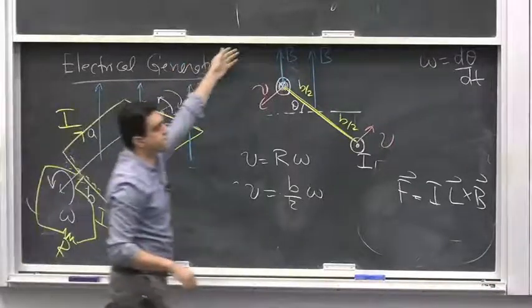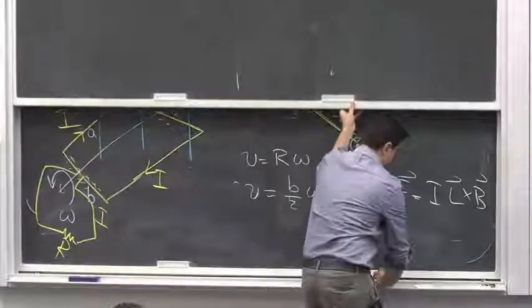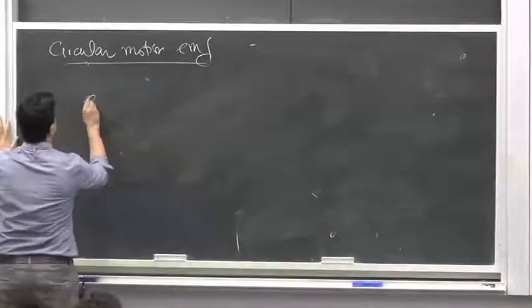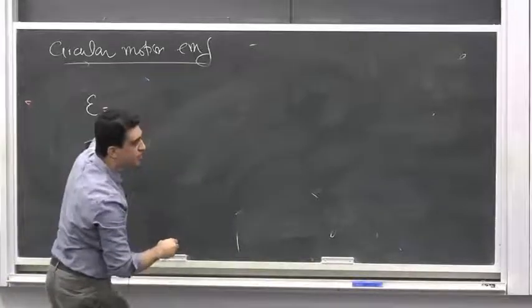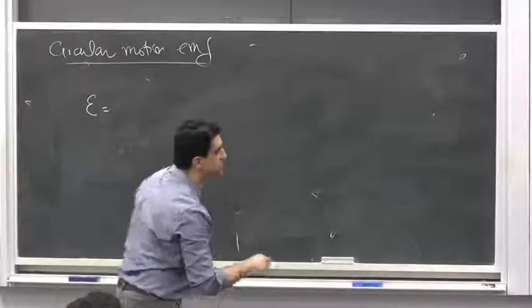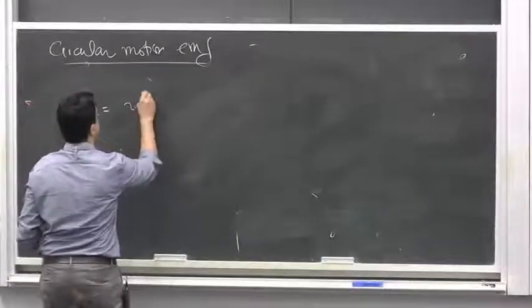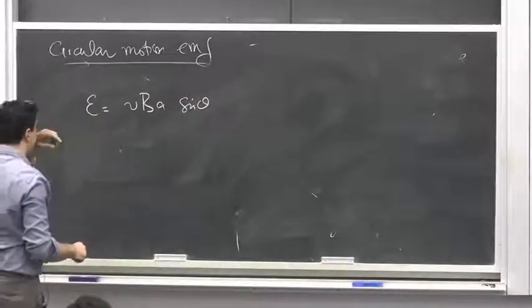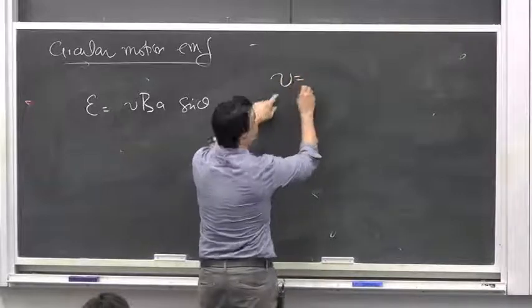So the EMF would be equal to VBA sin theta. Now what is V here?